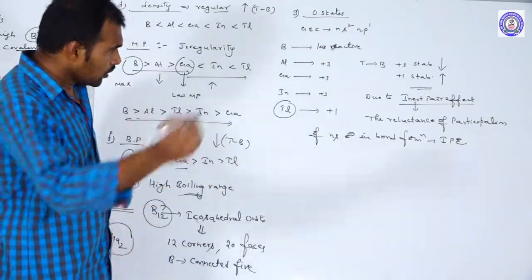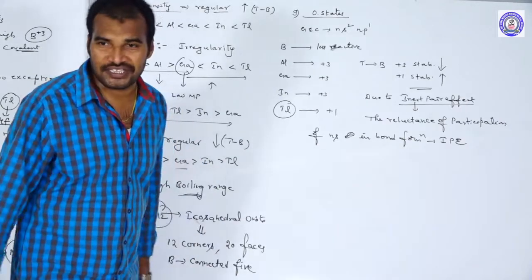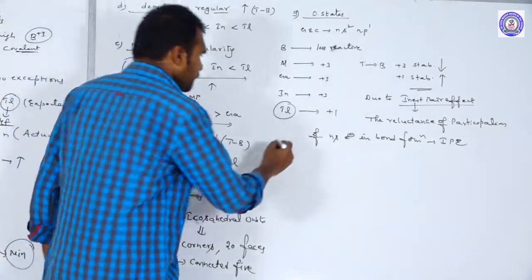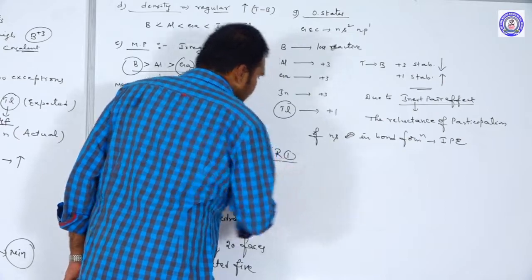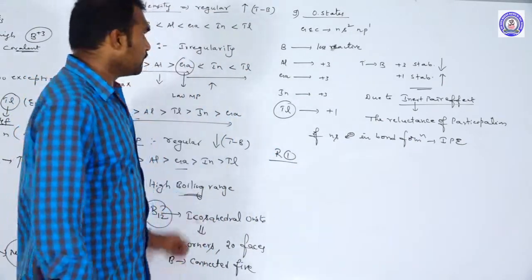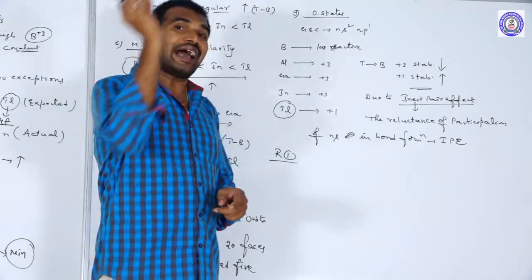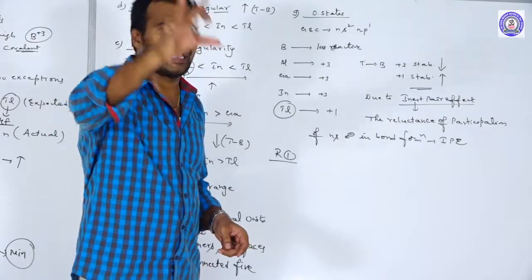Inert pair effect. You may get the doubt: why are the s orbital electrons not willing to participate in bonding? There are two reasons here. If you take the first reason, the effect of nucleus on the valency s electrons is very high.